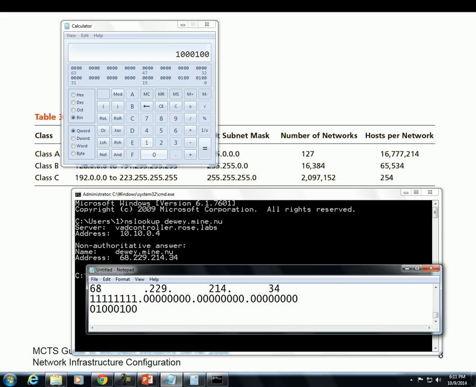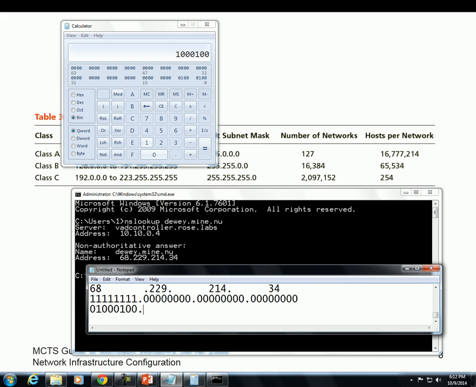And then the other numbers, I'm just not converting them all. But the 68 is my network ID. Your subnet mask, all the ones and all the zeros, is what tells it this is the network part, this is the host. So I am on network 68, host number 229.214.34. Everybody see that? Okay.